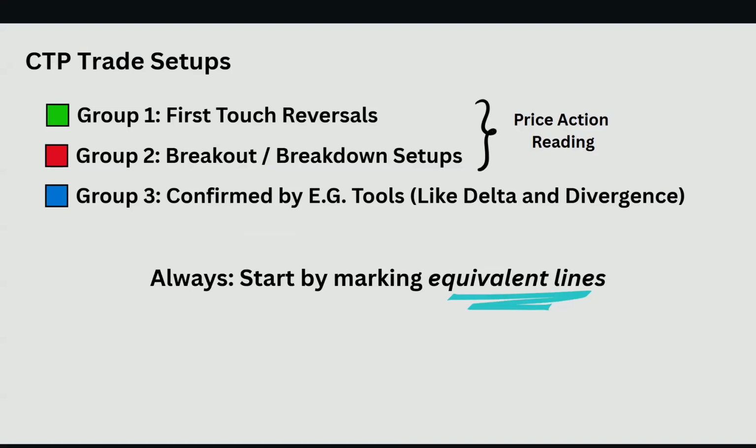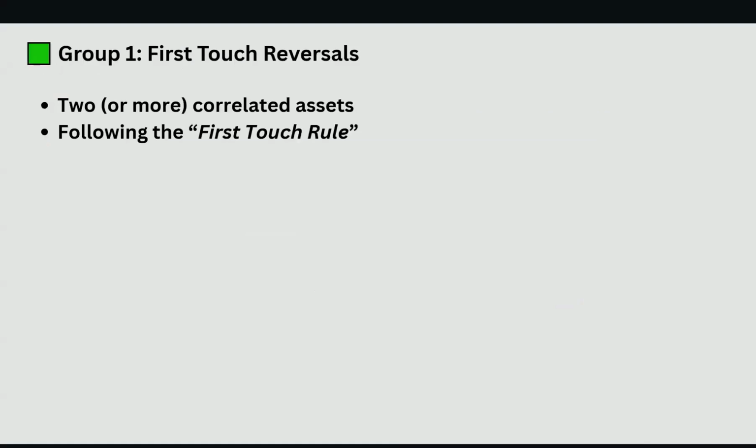But guys, each of which starts by marking equivalent lines. Every trade setup, every CTP trade starts by marking equivalent lines on correlated instruments. In this group, we have setups where we wait for 2 or 3 or 4 correlated assets to reach their trigger point together, following the first touch rule.